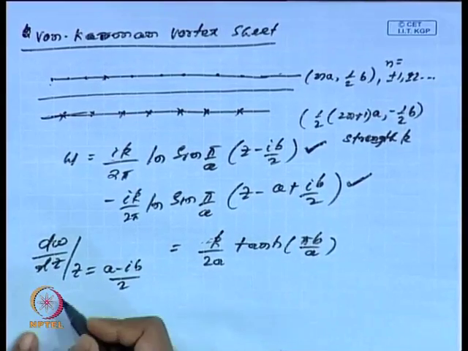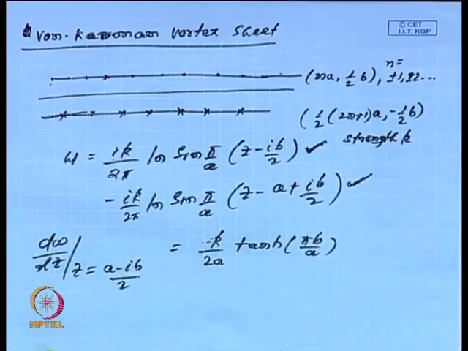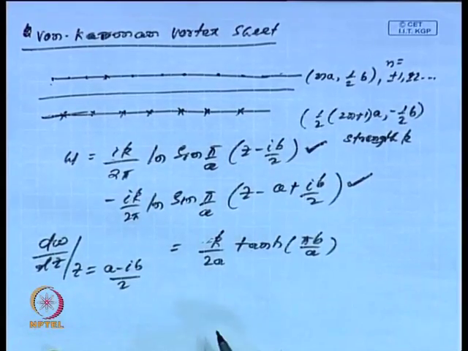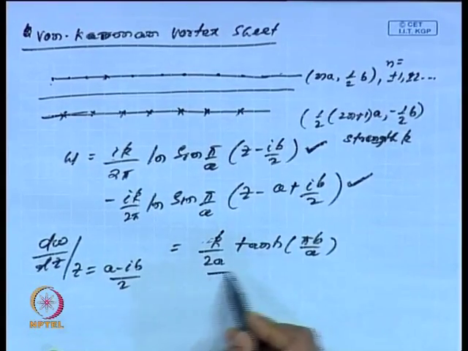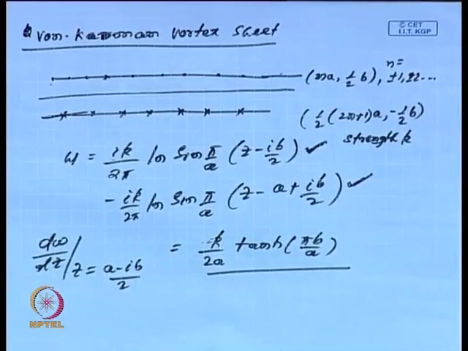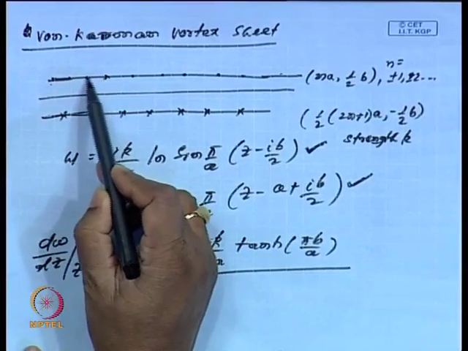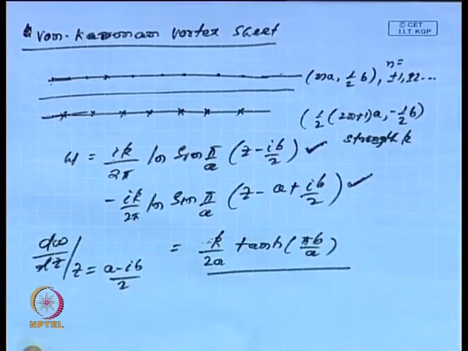Similarly, if I try with other points also, at any point I can take up any vortex, then also I will get the speed as the same, the speed will remain the same. Similarly, if I consider the upper row of vortices and calculate dw by dz at any point, I will also find that the speed remains the same.